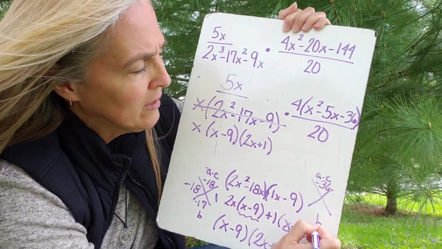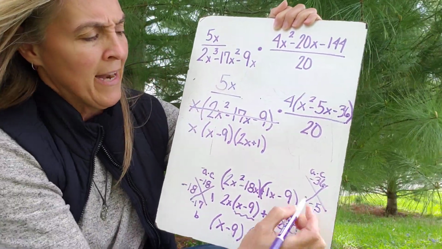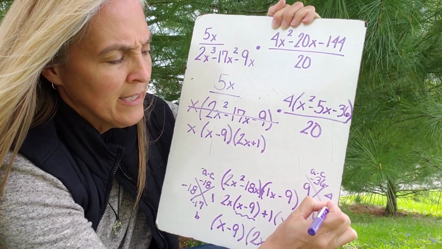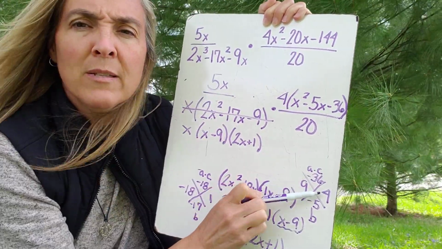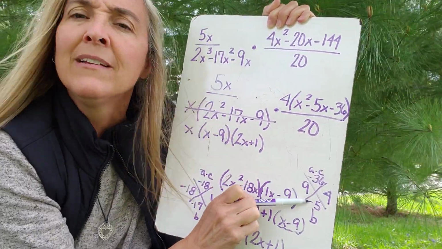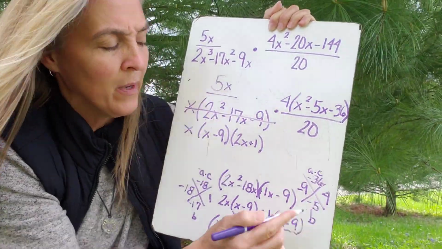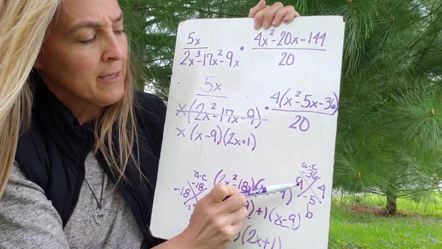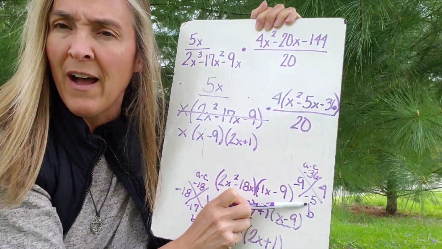The b goes at the bottom, which is a negative 5. And I think 9 times 4 will give me 36. In order to make that a negative, I know one of these numbers has to be negative. Since I know the middle term is a negative, I put that negative sign with the bigger number. So negative 9 times 4 is negative 36, but negative 9 plus 4 gives me negative 5.